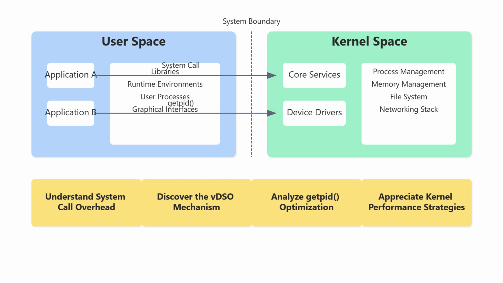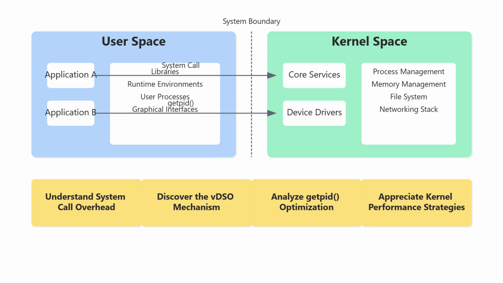Hello everyone, and welcome to a deep dive into one of the most fascinating aspects of kernel optimization, fast system calls. Today we're unraveling how a seemingly simple function like getpid achieves incredible speed within the Linux kernel. Understanding these low-level mechanics isn't just academic, it gives you critical insight into building high-performance systems and diagnosing subtle performance bottlenecks.